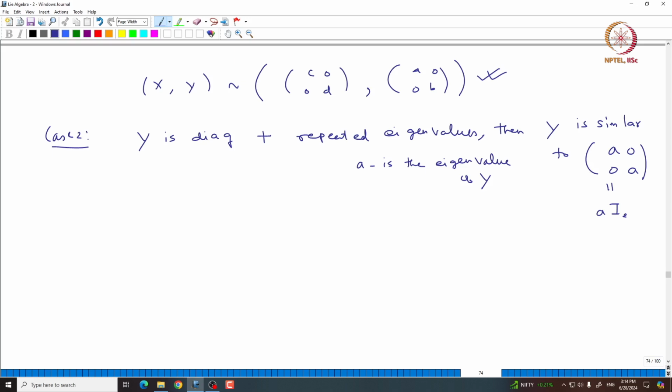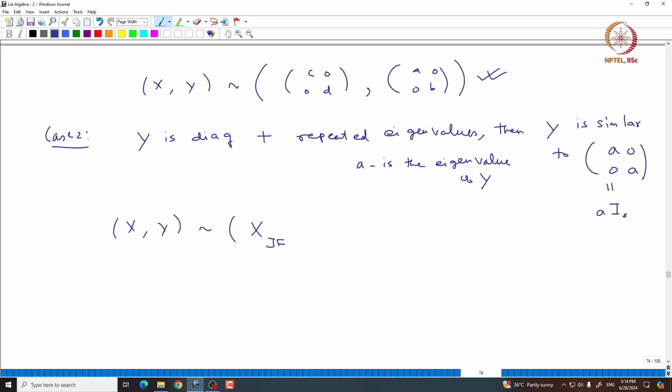Okay. So, now if we take this x and y tuple, we can actually make x into the Jordan form. So, you choose G such that G x G inverse becomes Jordan form. Okay.